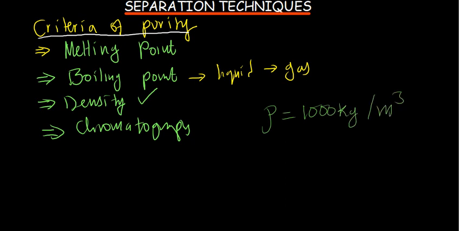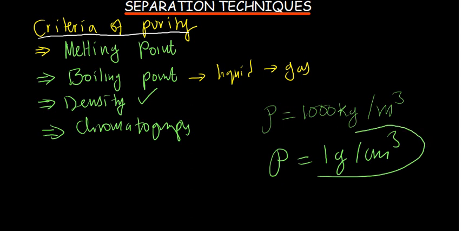It doesn't matter, as long as we are talking about water, it will always be the same. You can also express the density of water in grams per centimeter cubed, which is 1 gram per centimeter cubed. It's just the same.